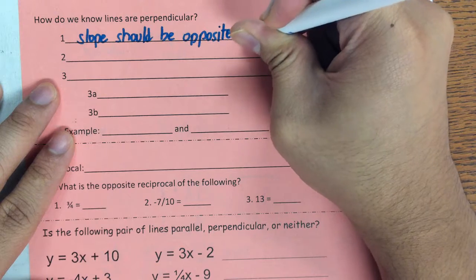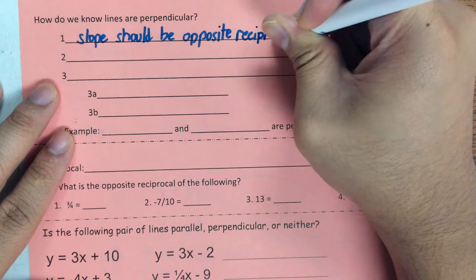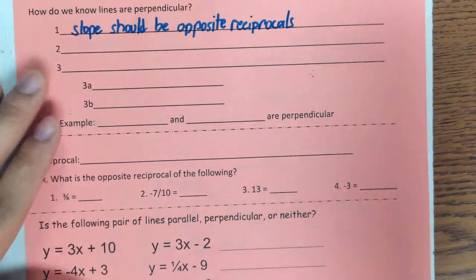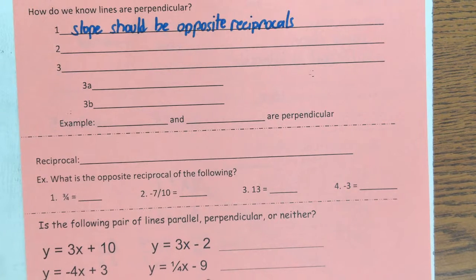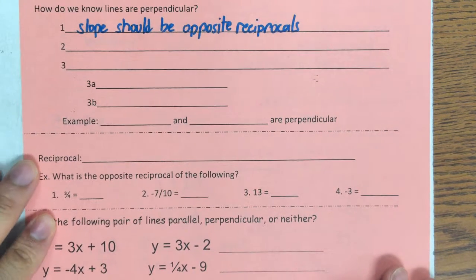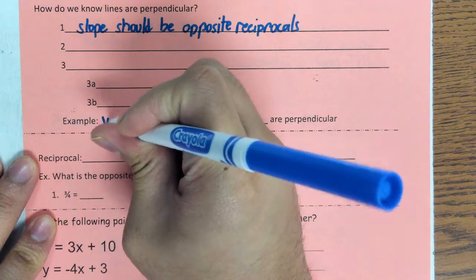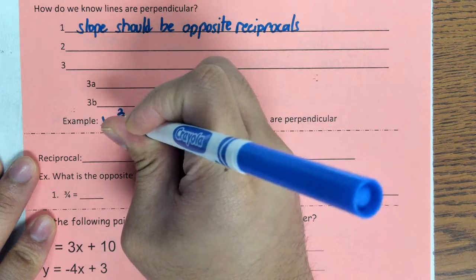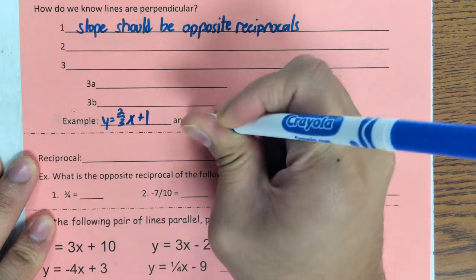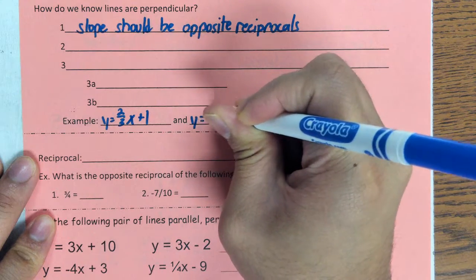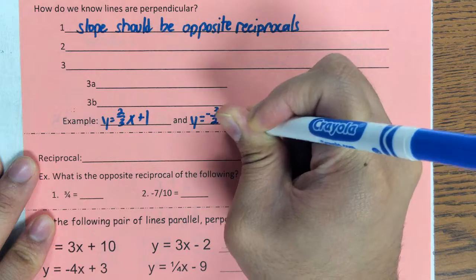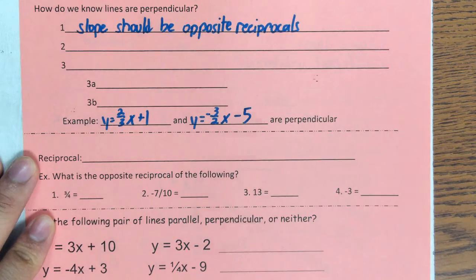Opposite reciprocals. And I'll go and make an example first. y equals 2/3 x plus 1, and y equals -3/2 x, I don't know, minus 5.